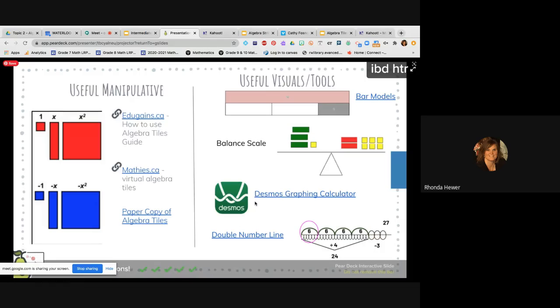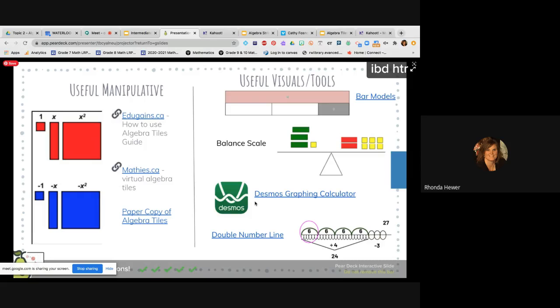So to do that, we have a few tools that are useful, and this is a slide that we want you to interact with. You should see 5 check marks. There are 5 different things here. We have the algebra tiles on the left. The whole left side is all about algebra tiles. Then on the right we have bar models, balance scales, the Desmos graphing calculator, and a double number line.